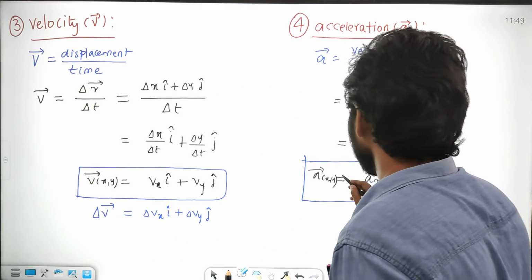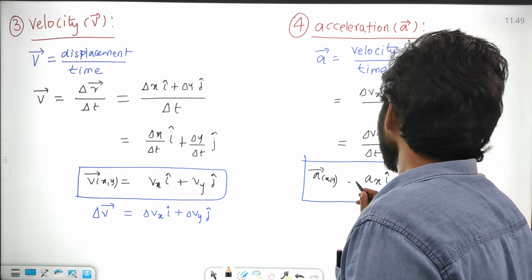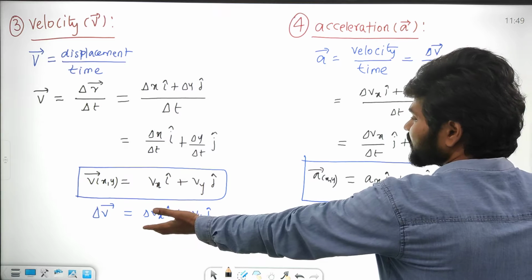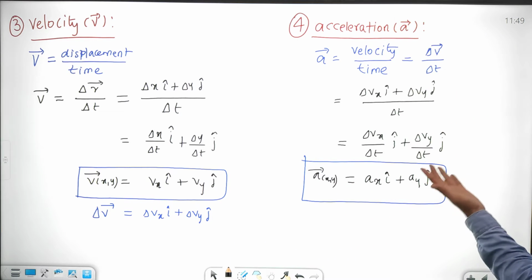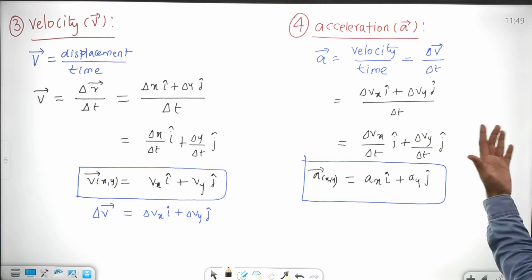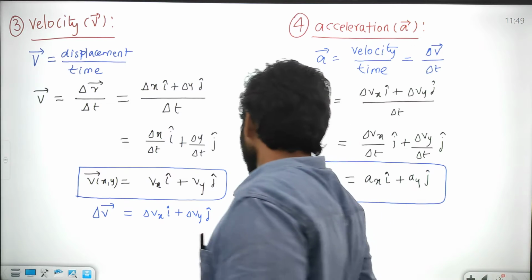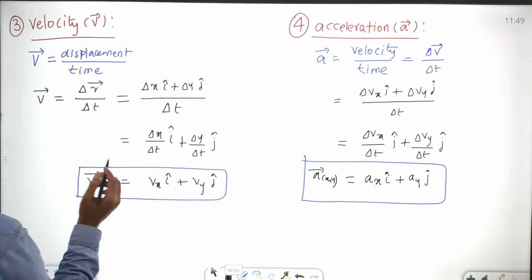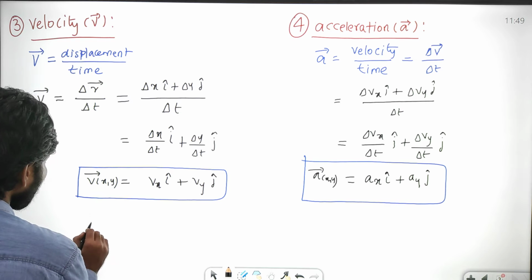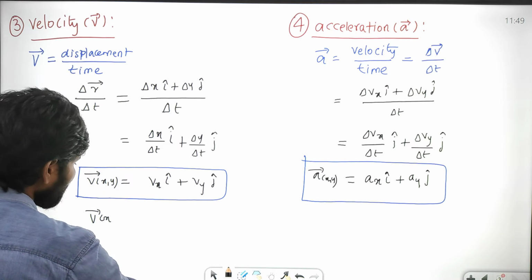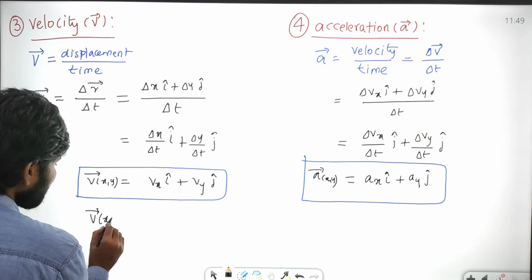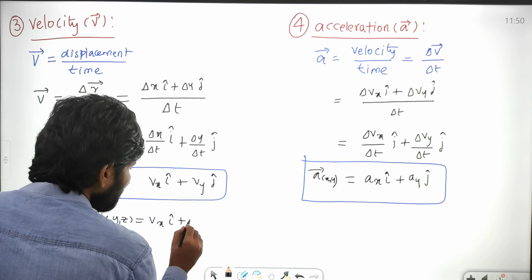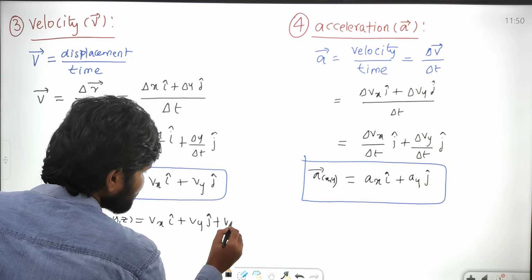Okay, hope you understand. So this is the velocity vector in 2 dimensions, and this is the acceleration vector in 2 dimensions. What if they ask for 3 dimensions? 3 dimensions is very easy. We have to write x component, y component plus z component.